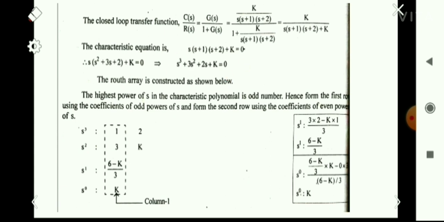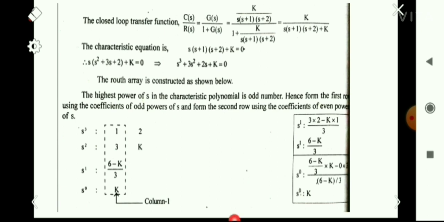So by constructing the Routh array, the highest power here is s3. We first write the coefficients of s3, s raised to 1, like that. So the s3 row: the coefficient of s3 is 1 and the coefficient of s is 2, so 1, 2. Then the next row, s raised to 2: the coefficient of s square is 3 and the constant is k, so 3, k.